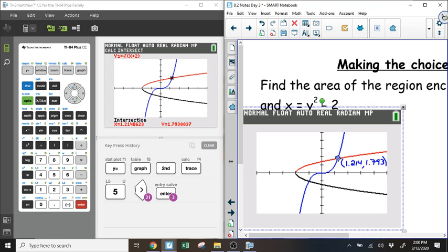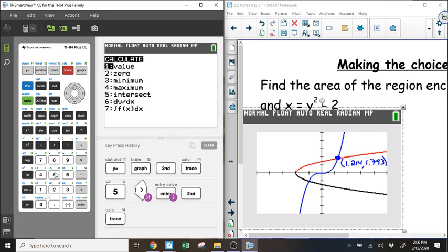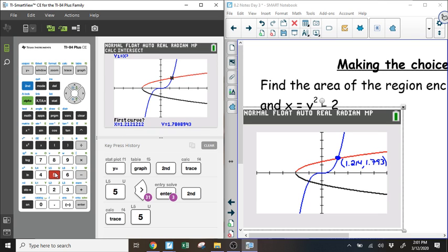And then we would want to find where these intersect down here. But again, that's now the blue graph and the black graph. So I go to my second trace intersect. The bug is on my blue graph because that's what I have typed in as y1. I get close to that point of intersection, but I want to show you guys what happens here. I'm close to that point of intersection, but when I hit enter, it jumps to my red graph because that's what's in y2 in my calculator.